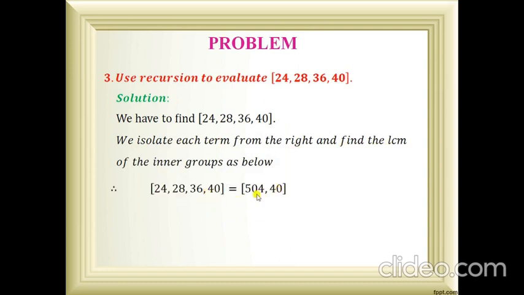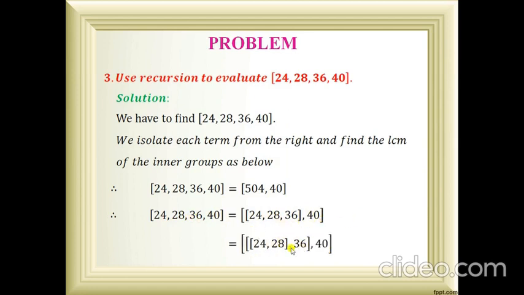Like 24, 28, 36, 40. We are going to isolate from right to left. So first the last one, and again we group the inner ones as 24, 28, 36.